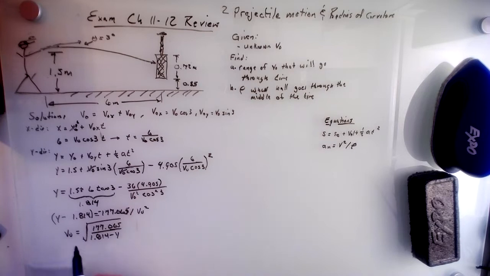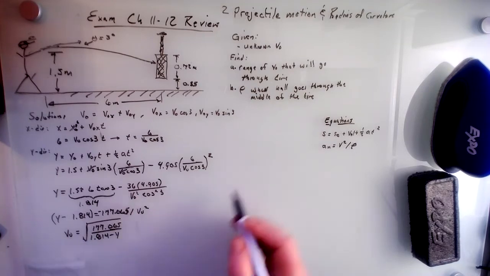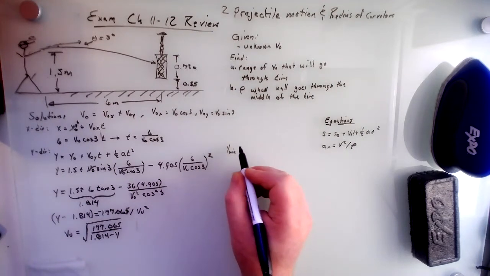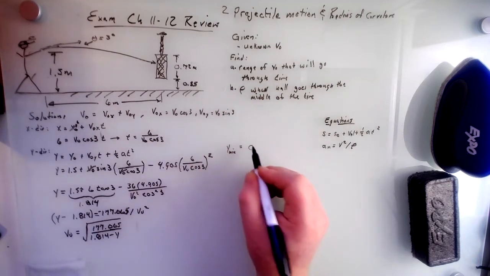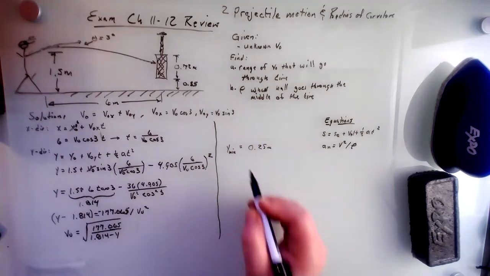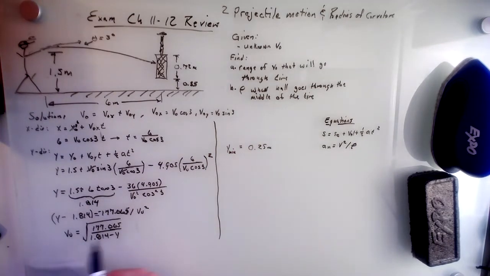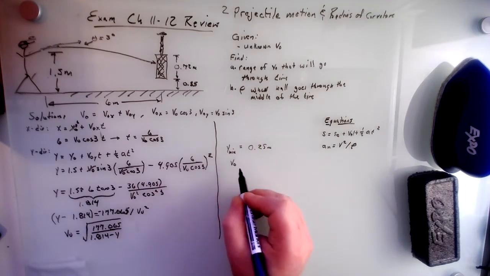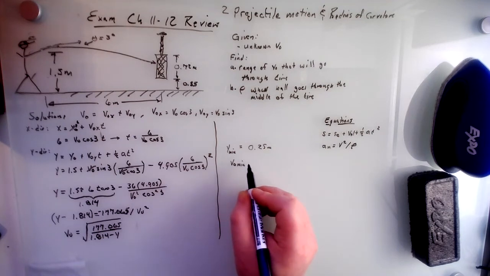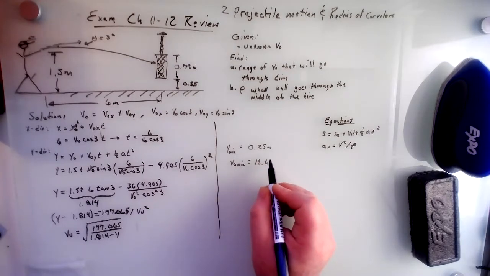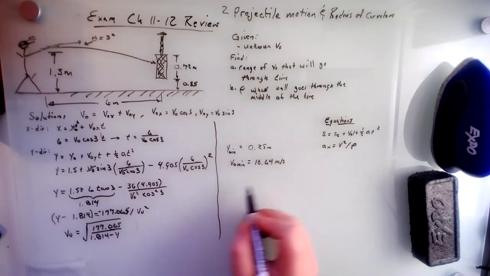And we solve this for 3 cases, right? So y min is equal to 0.25 meters. Okay. Just drawing a line here to keep this organized. And when we put that value in here, we get v naught min is equal to 10.64 meters per second.